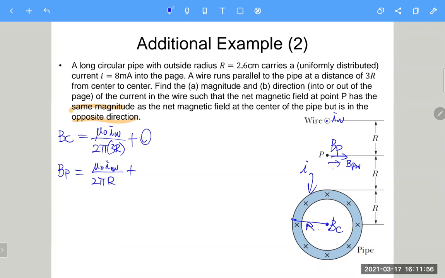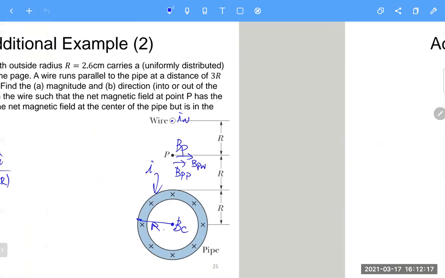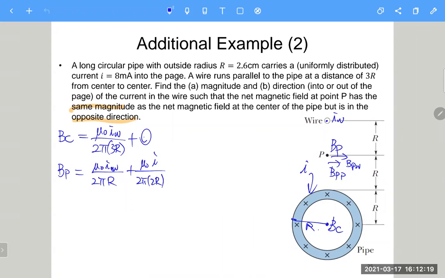BP also points to the right side. So we have mu0 I over 2 pi 2r. It should be mu0 IW over 2 pi r plus mu0 I over 4 pi r.